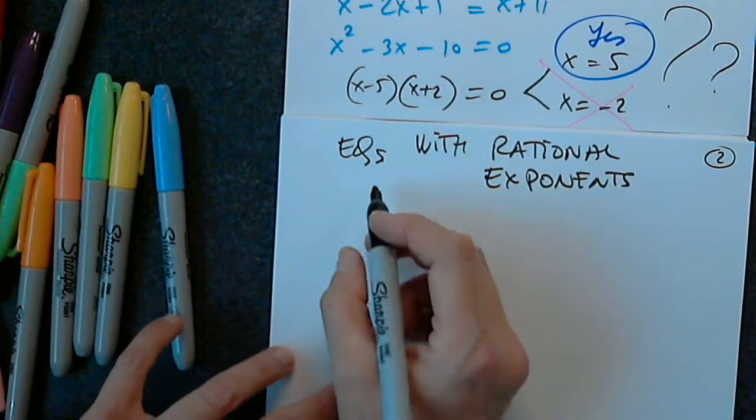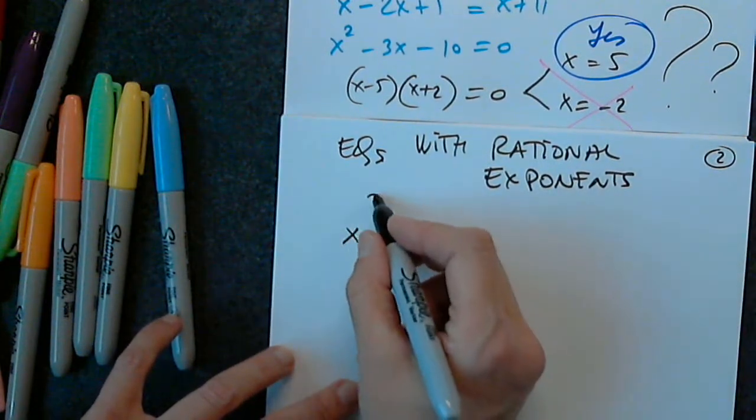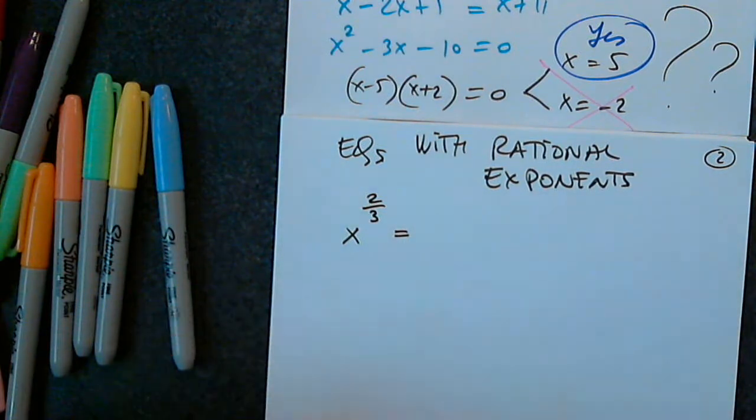If we're given x to 2/3, what does this mean? What does x to 2/3 represent?